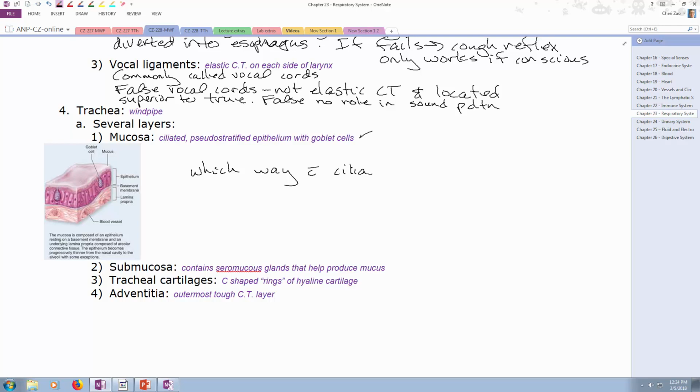The nose beats posteriorly, the trachea beats superiorly, and it will take all that yucky stuff that it's trapping, because that's what the mucus is for, and it will then put it into the esophagus. And so you'll swallow that mucus, which you do on a regular basis. You don't realize it.